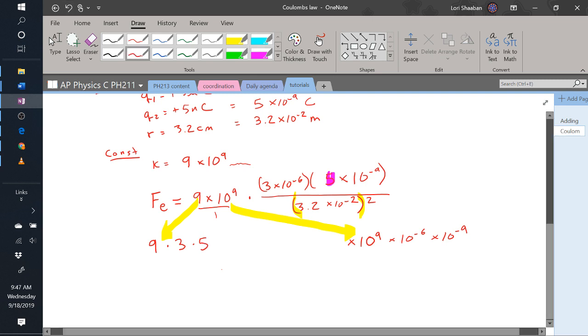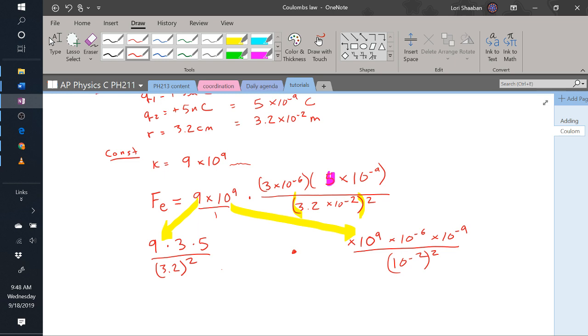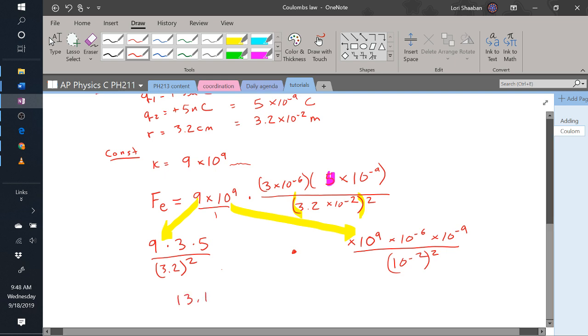Then I'm going to divide by 3.2. I'm squaring that, but I'm also squaring the 10 to the negative 2. Careful on that. Then in your calculator, you can do these separately. The advantage of doing these is that sometimes the numbers are so small or so large when dealing with numbers with base 10 that you end up having numbers that won't be calculated in your calculator unless you do it by hand.